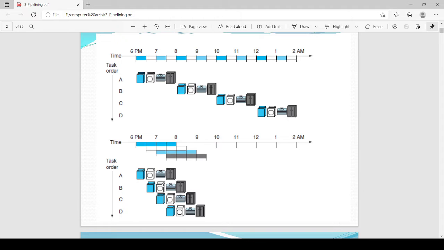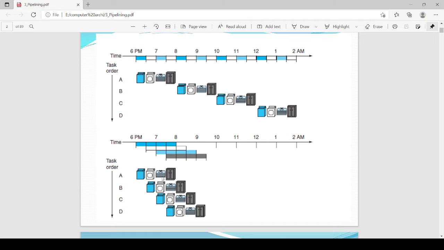In the case of pipelining activity, the first student completes washing the clothes in the washing machine. Now he moves to the dryer. In that case, the washing machine is free, so the second student can utilize the washing machine for washing the clothes.